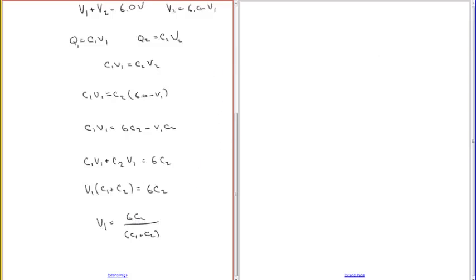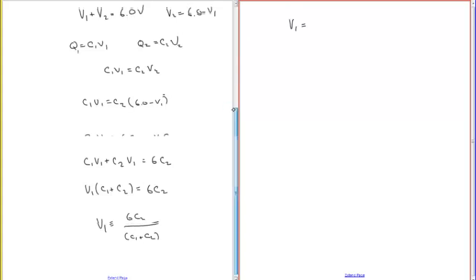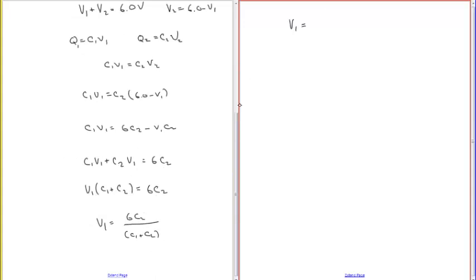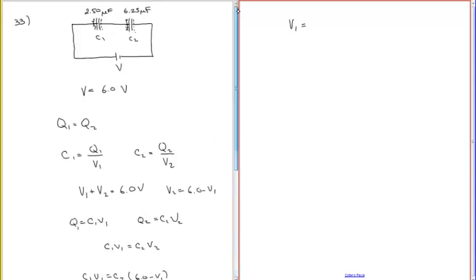Okay, let's go to the next page, and so let's plug in the numbers, and we'll find out C2 and C1. So C1 was 2.5 microfarads, and the other one was 6.25.